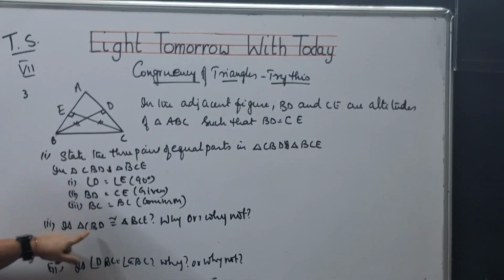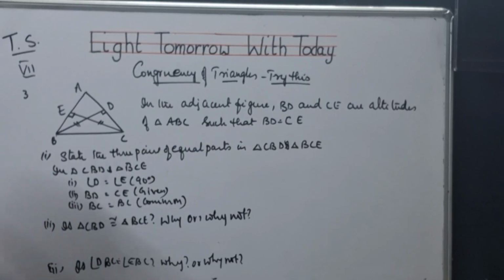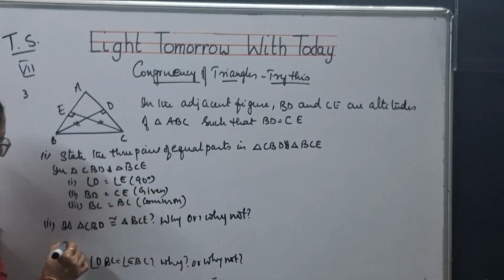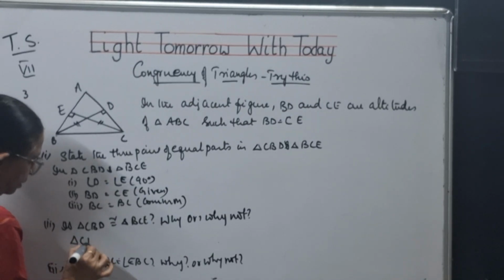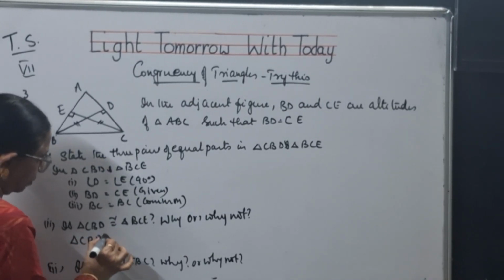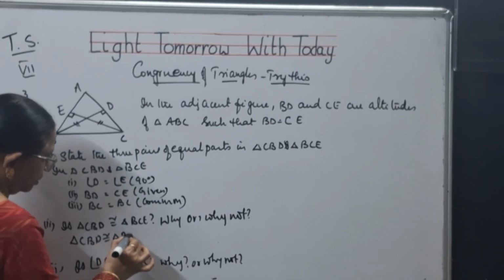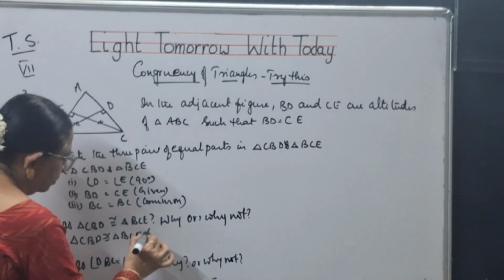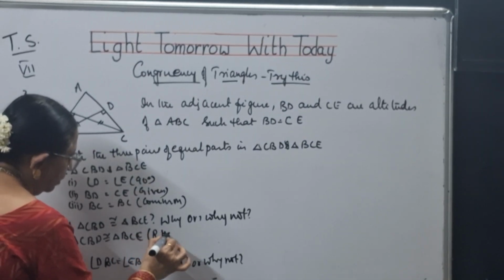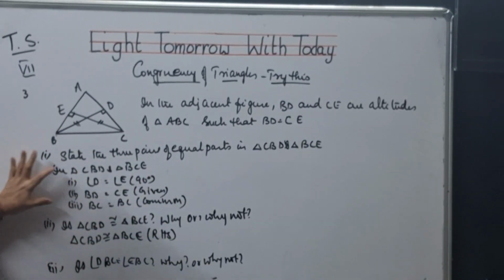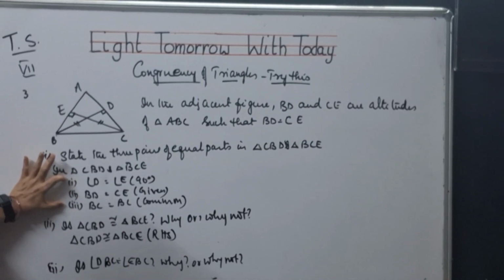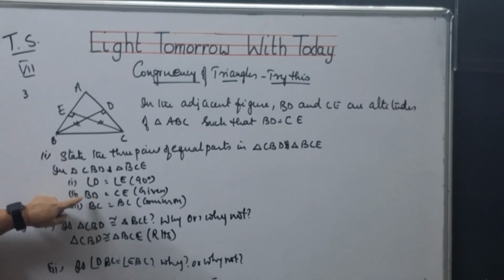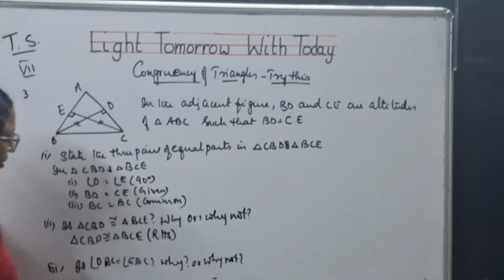And second one is triangle CBD congruent to triangle BCE. We will say that triangle CBD is congruent to triangle BCE basing on RHS property, because here we have taken all the three are equal. So right angle and then BD, hypotenuse and side. So basing on that property they are equal.